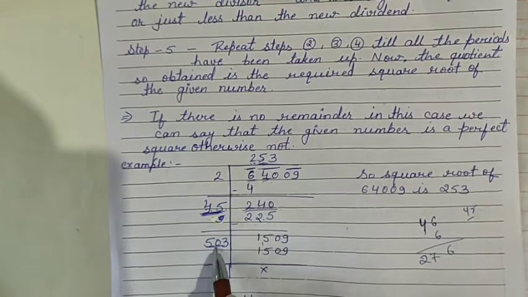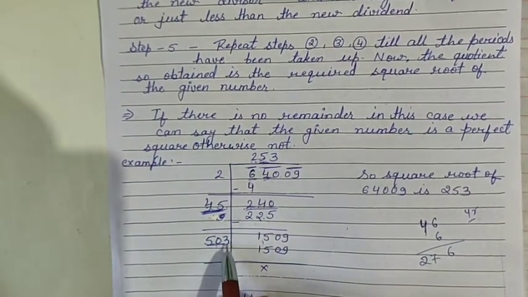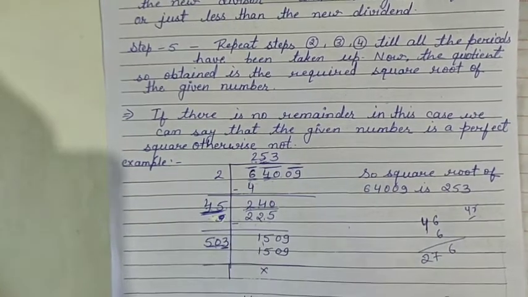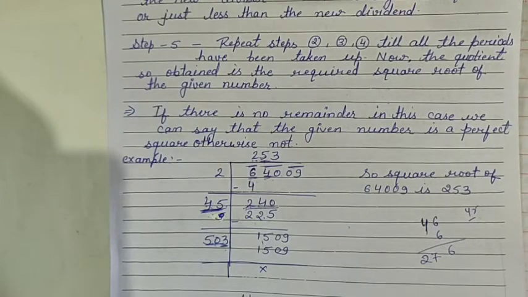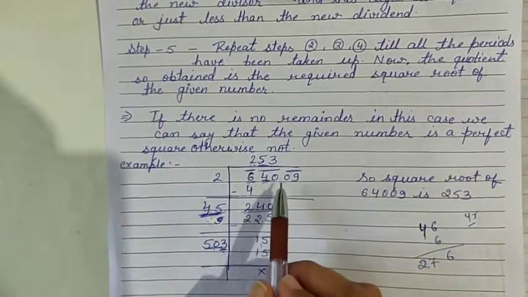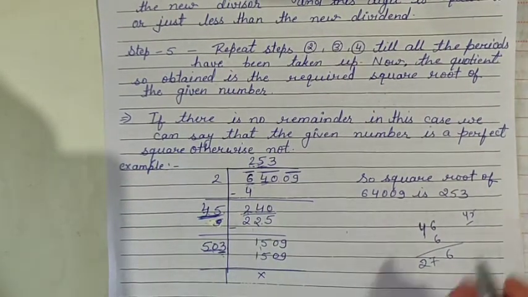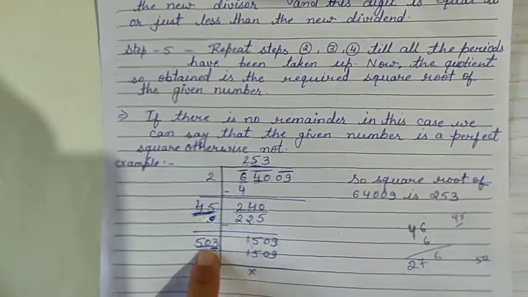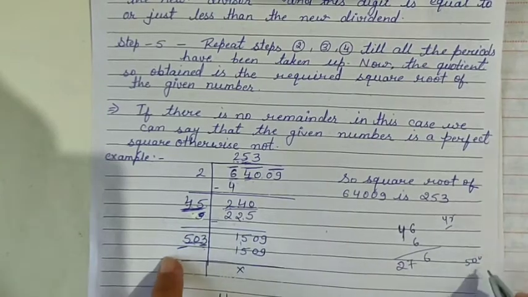Now we will repeat our step. We will think of a number for the units digit in the new divisor, chosen in such a way that the product of this digit and the new divisor is equal to or just less than the new dividend. So with 50 given, we will think of a number here.